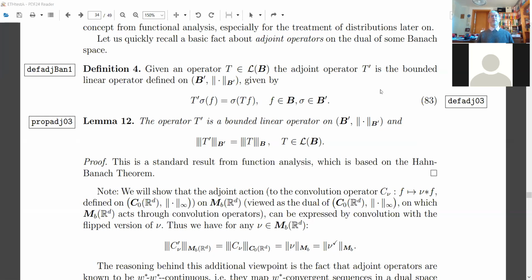Now, if you're playing around with MATLAB, you know already what A prime is. Think of real matrices. You have a mapping which is going, let's say, from R3 to R4. So you have a mapping which is represented by a 4 times 3 matrix. And that matrix has a prime object, and that is the transpose matrix. It has the opposite size, so you're changing the size parameters, and it goes in the opposite direction.